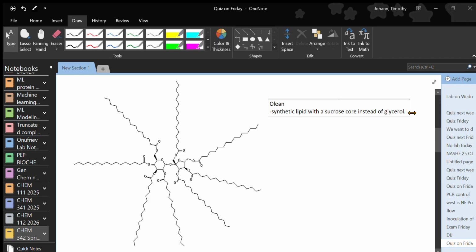All right, and this is something that they put into foods instead of triacylglycerols. It has the same taste and mouthfeel as triacylglycerols.